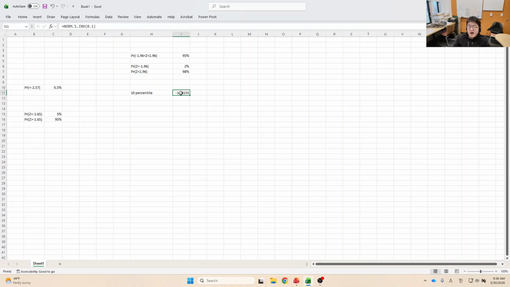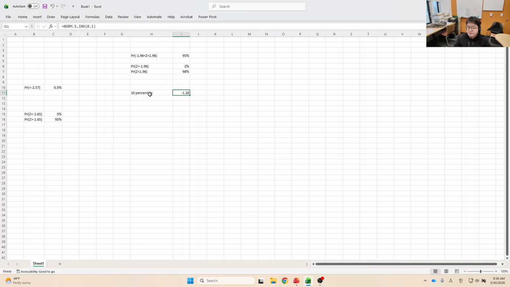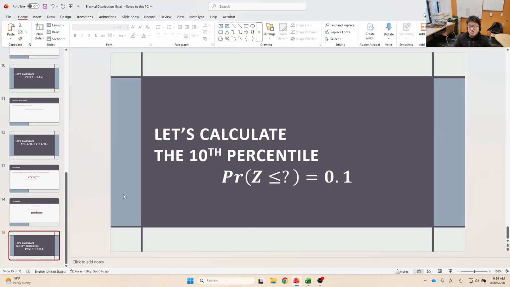So the bottom 10% is minus 1.28 approximately. It's another common approximation. So this is how you utilize Excel and how you calculate any form of probability. Okay. Good luck. See you.